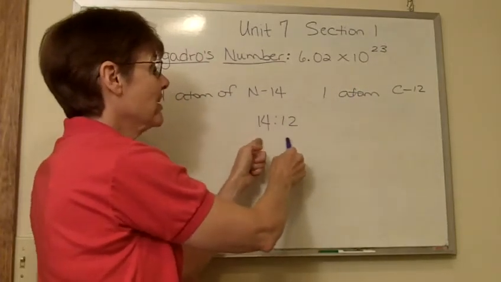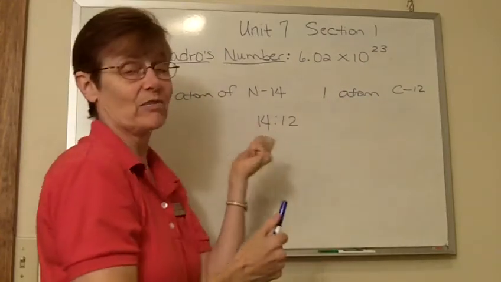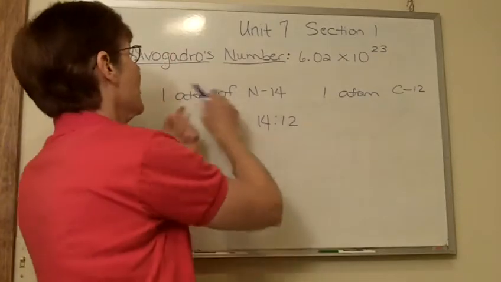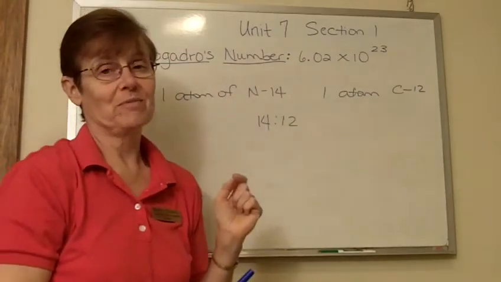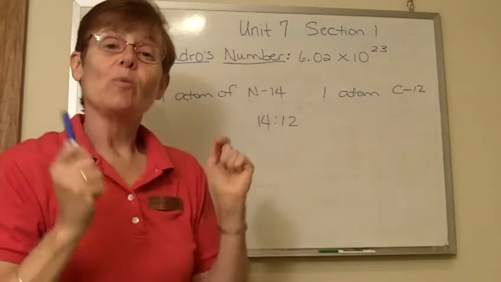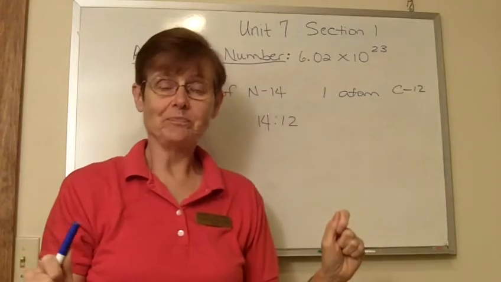And therefore, if this number of atoms of carbon has a mass of 12 grams, then this number of atoms of nitrogen has a mass of 14 grams. So what that means to us is that we can look on the periodic table.